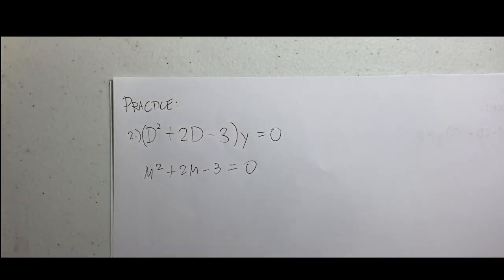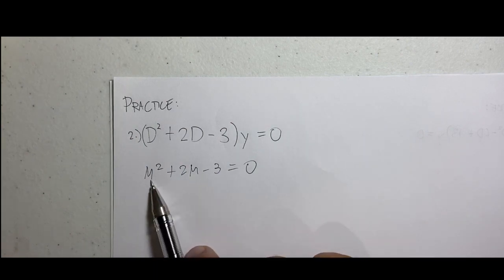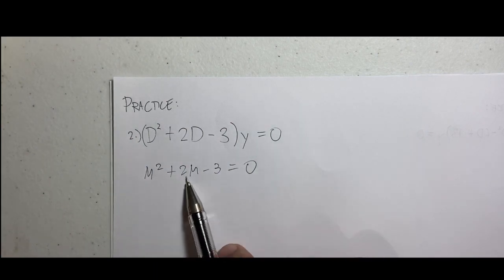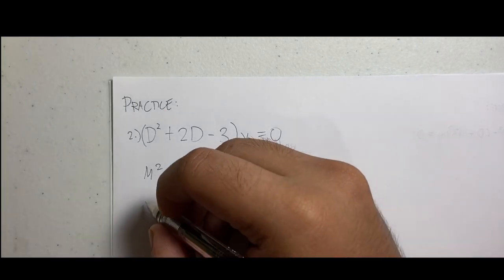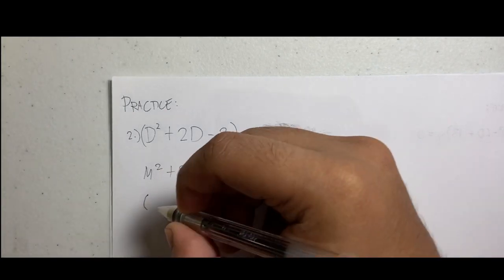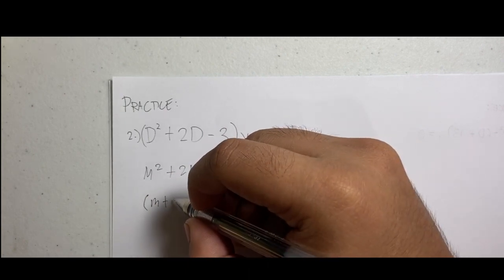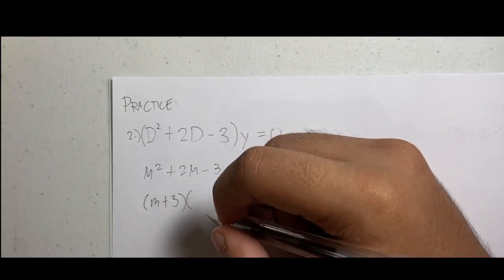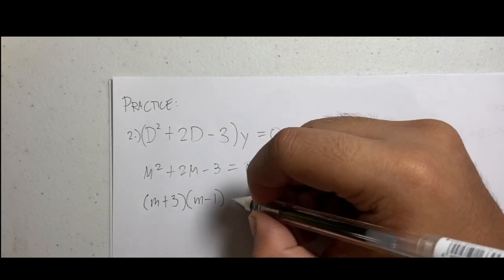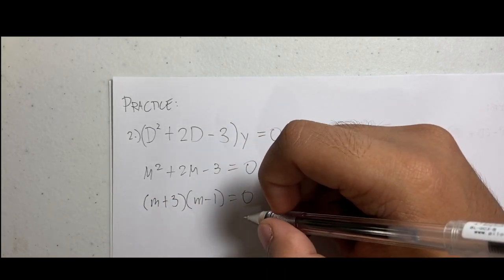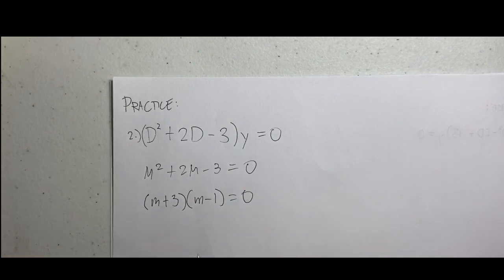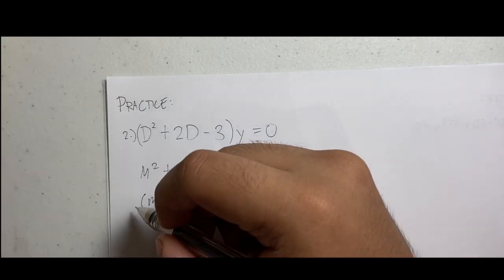Now that we have our auxiliary form, we need to find the roots of this equation. So we can factor it as m plus 3 times m minus 1 equals 0. When you FOIL this, you'll get the original equation.